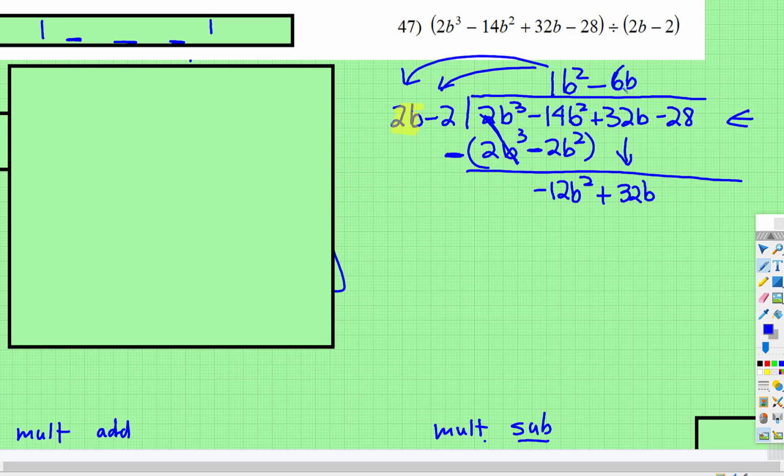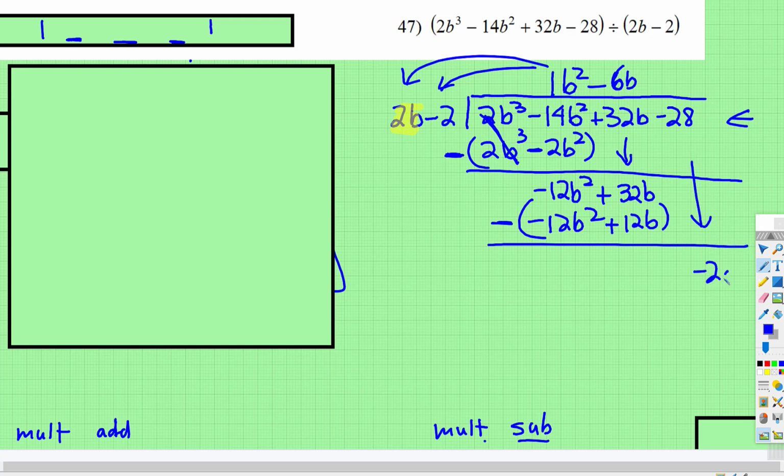My b's and 6's look a lot alike. -6b times 2b is -12b squared, and -6b times -2 is +12b. Now remember, we're going to do repeated subtraction and then we'll bring down that negative 28.